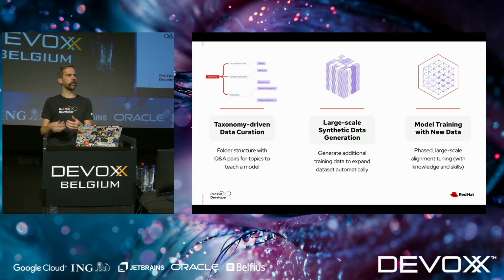It can be knowledge, it can also be skills. Basically it's just a YAML file, and I'll show that in a quick little demo. Then you add that data, and then of course you need to fine-tune your model, which is not so easy. I'm not a data scientist, so it's quite a daunting task to start training models.